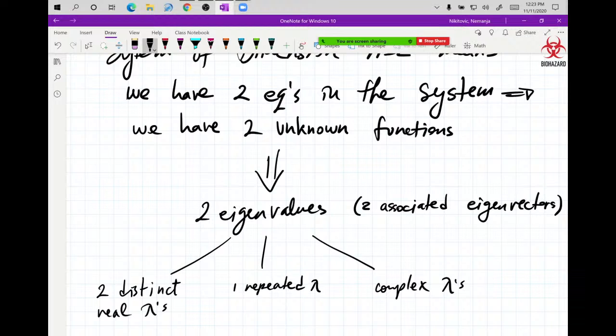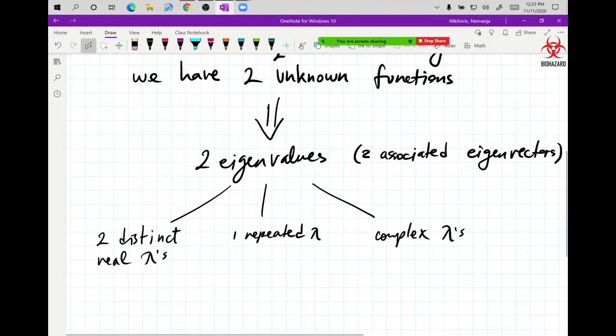So those are your options. And regarding which one of these you have, there are certain pictures that are associated with this.